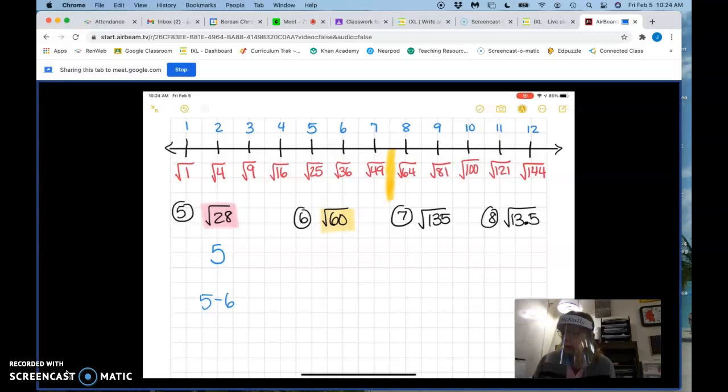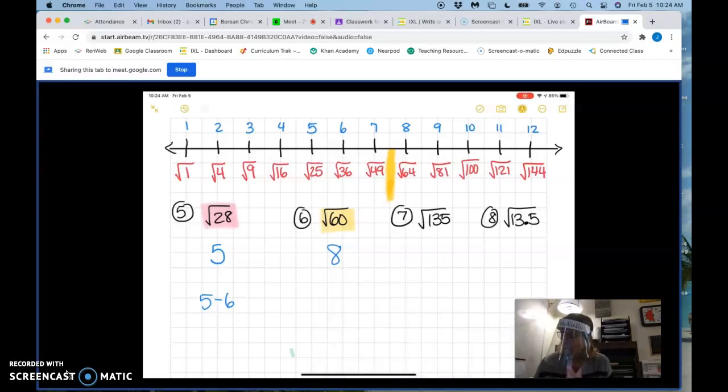It would fall between the square root of 49 and the square root of 64. What is 60 closer to, 49 or 64? 8. Yes, it's closer to 8. It's going to be closer to that 64 number. So I'm going to estimate that my square root of 60 would be about 8, even though it will be a little less than 8. Nice job.